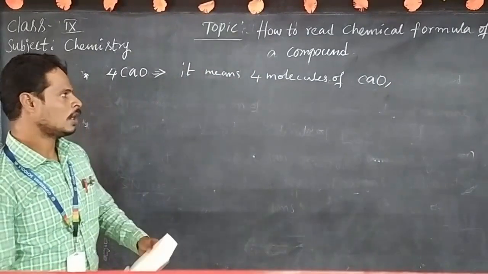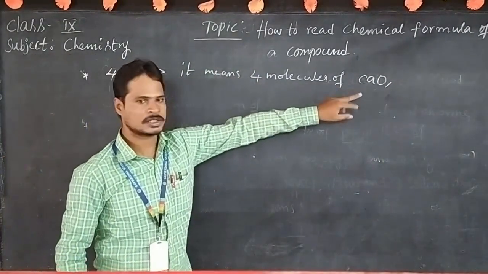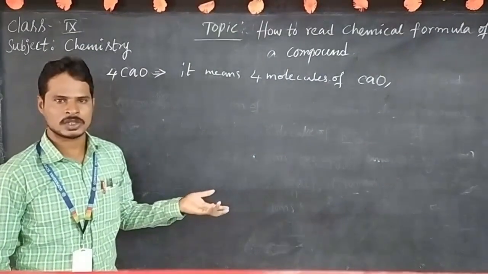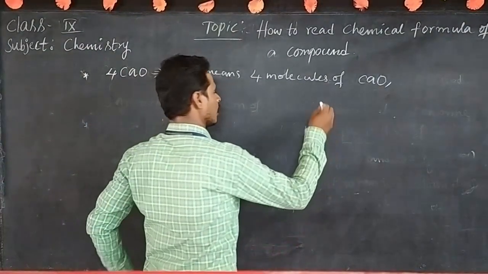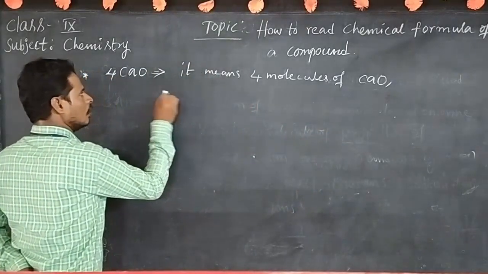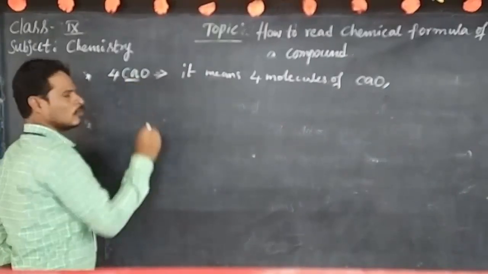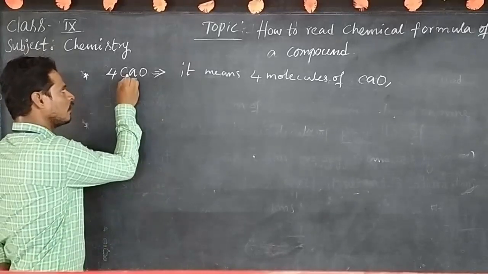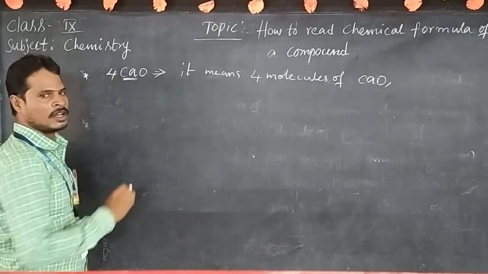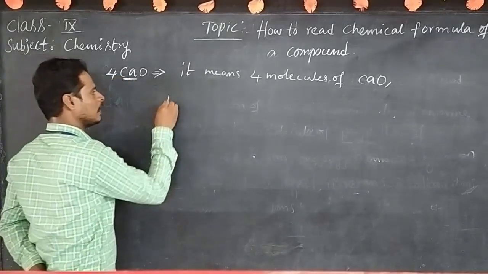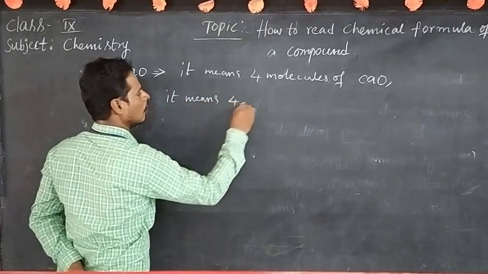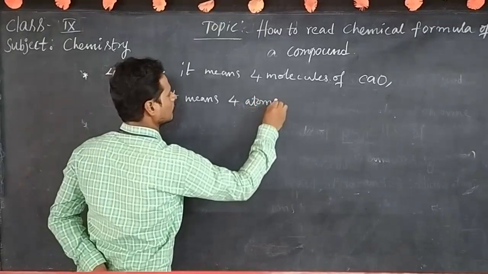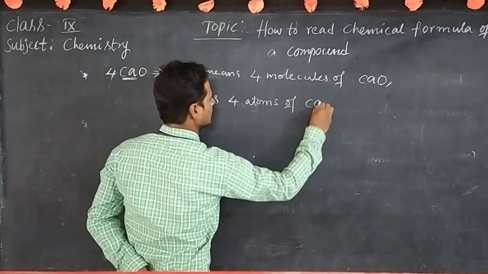But here, four molecules of calcium oxide contain how many calciums and how many oxygens? We can identify. Now observe. Here how many calciums are there? Only one. But in front, how much number is there? 4. That's why it means 4 atoms of calcium.